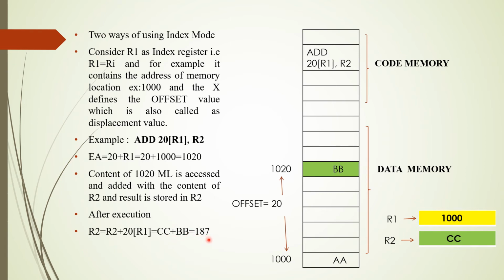This is a simple example. Here we can see both the code memory and the data memory. The code memory is where our instructions are stored. Depending upon the size of the instructions, a number of memory locations are used. And here the offset value is 20, which has been mentioned in the instruction as a constant value. This is one way of using the index addressing mode.